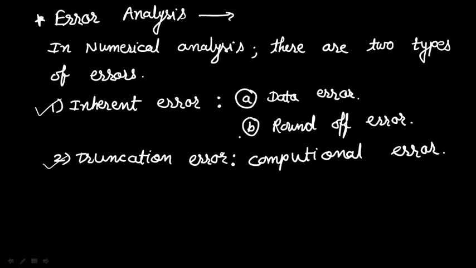Inherent error arises either due to the given data being approximate or due to the limitations of the computational aids, that means mathematical tables, calculators or digital computers. Due to this limitation, numbers have to be rounded off, which is called rounding off error. And truncation errors are errors caused by using approximate formulas in computations.